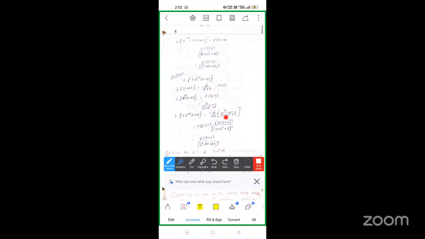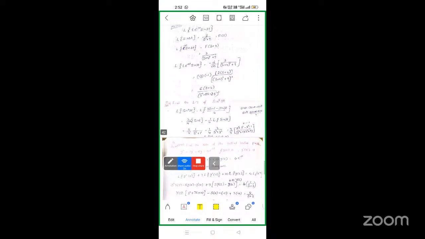The differentiation of 1 by x is minus 1 by x square. So in place of x, s plus 4 whole square plus 9 is there. Then again, differentiation of the inside gives 2 into s plus 4. So this is the final answer.